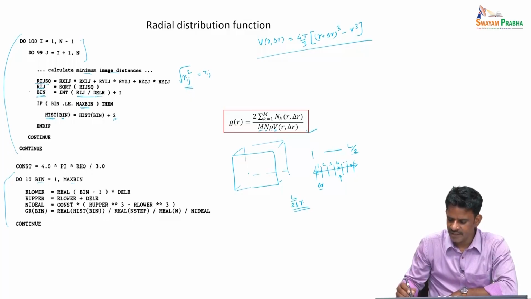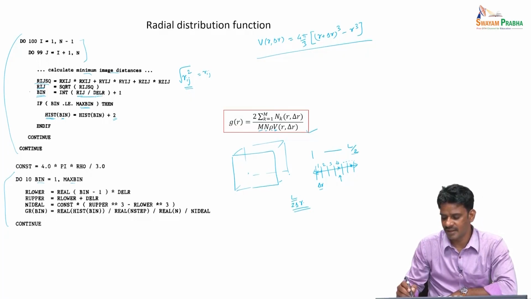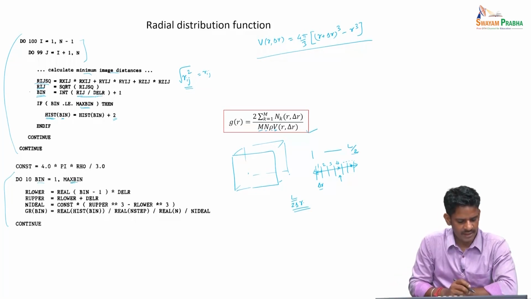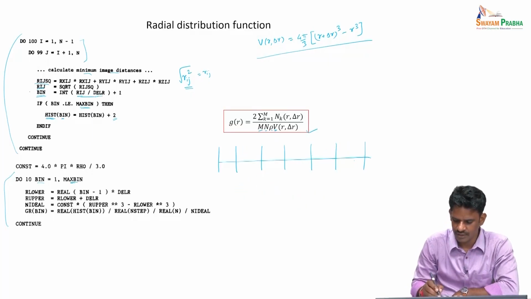Like I said, if I know the bin index, I know the limits of the distance and the boundaries. So now I'm going to loop over all the bins from 1 to some max bin. Let me just write this again. All these bins are of equal length, delta r.